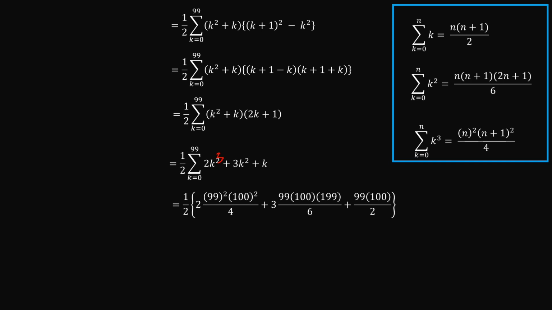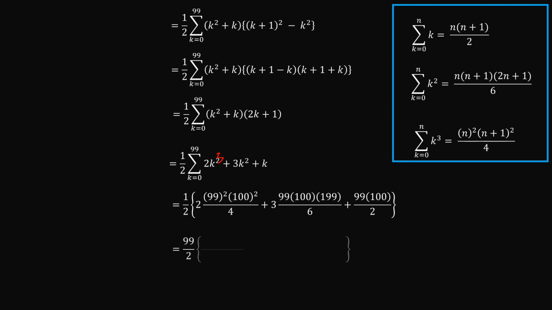We have n is 99, n plus 1 is 100, and then 2n plus 1 is 2 times 99 plus 1, which is 199 over 6, plus n times n plus 1, which is 99 times 100 over 2.